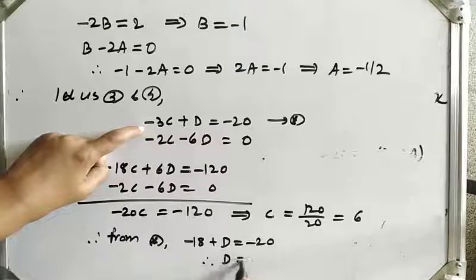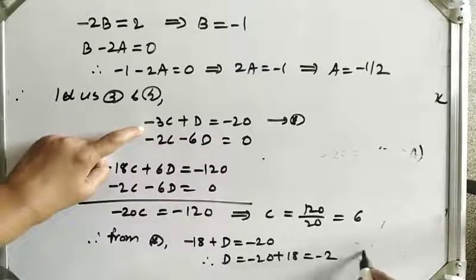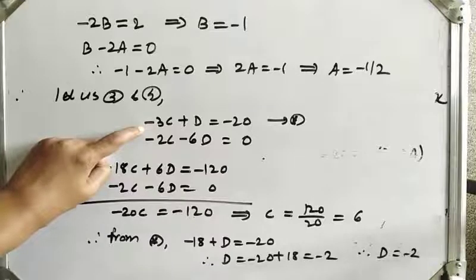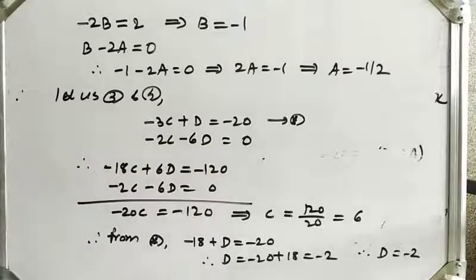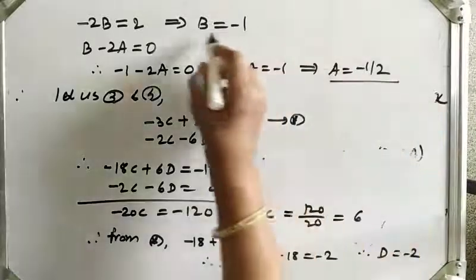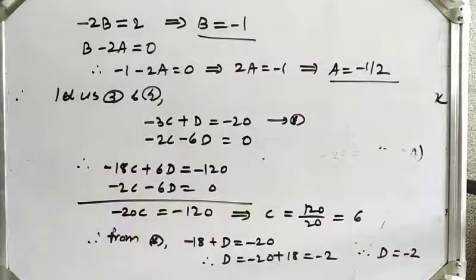Therefore, d is equal to minus 20 plus 18 is equal to minus 2. Okay. Therefore, we get d as minus 2. Therefore, we get a minus half, b is minus 1, then what is c? c is 6 and d is minus 2.